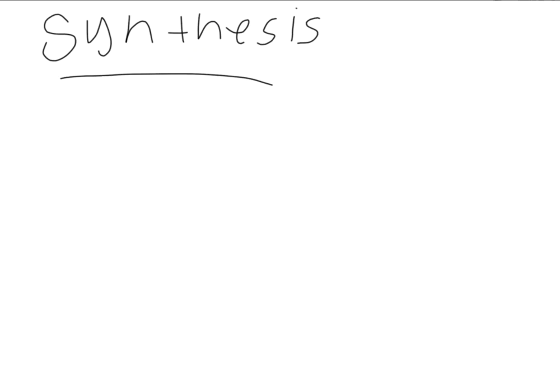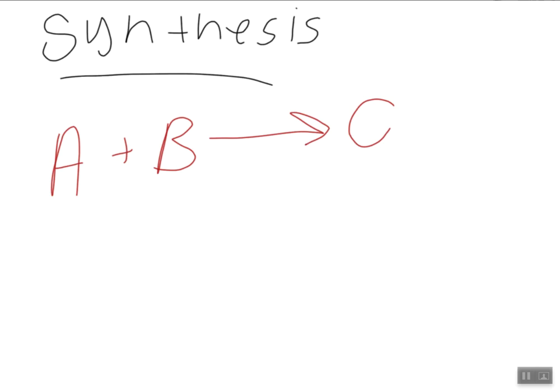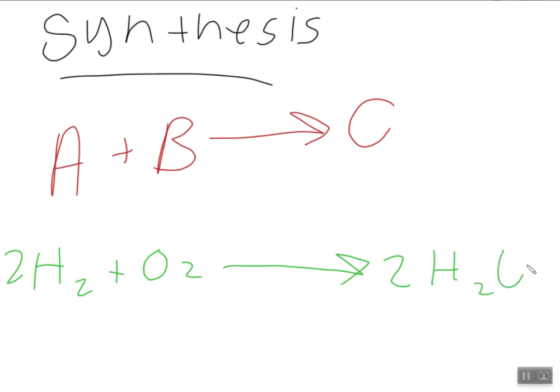Synthesis is basically when you have a reaction where 2 elements become 1. A diagram for this would be A plus B goes to C. An example of this would be 2H2 plus O2 goes to 2H2O.